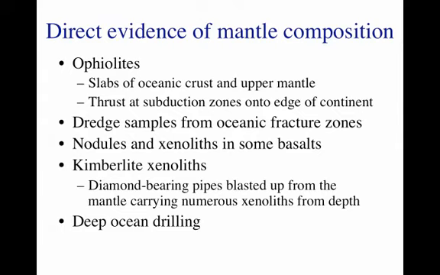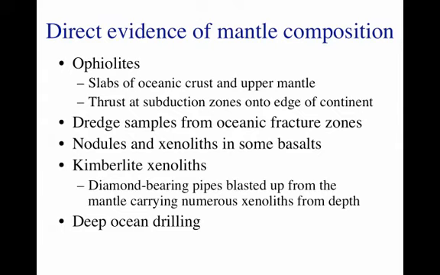We have dredge samples from ocean fracture zones. We have pieces of mantle xenoliths that erupt in some basalts or that are found in lower parts of the Sierra Nevada batholith. We have xenoliths from kimberlite volcanoes.